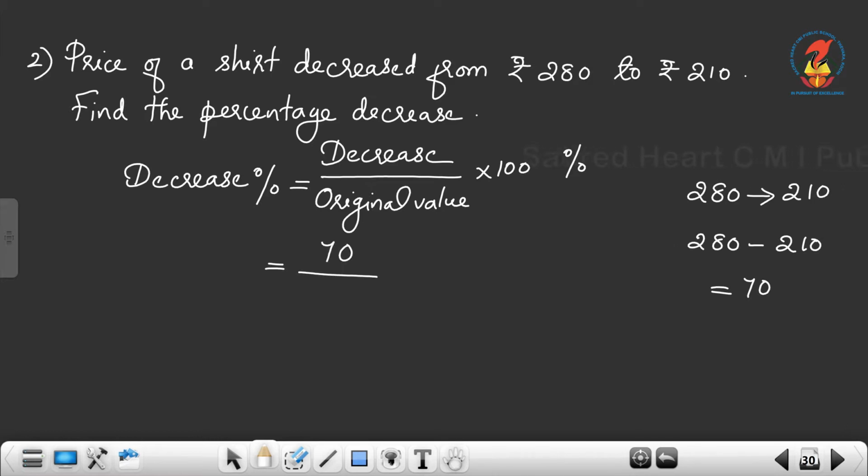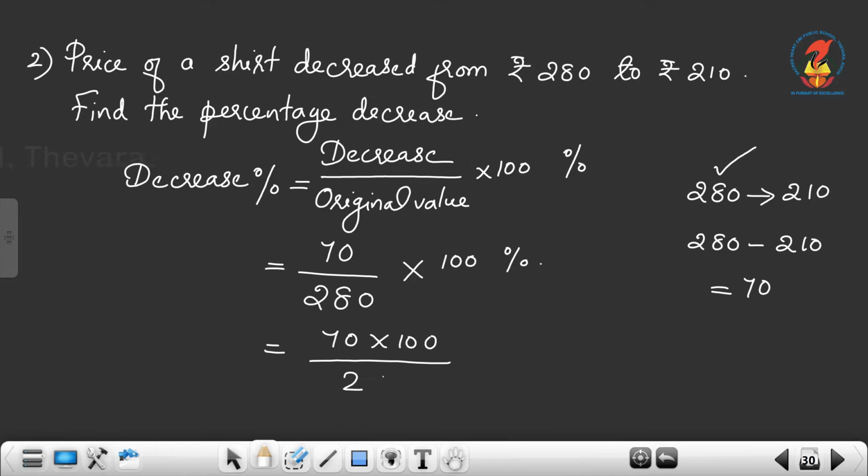So, 70 divided by the original value. From 280 the price is lowered, therefore the original value is 280. So, 70 divided by 280 into 100, which is equal to 70 into 100 by 280. 70 and 280 you can cancel using 70.